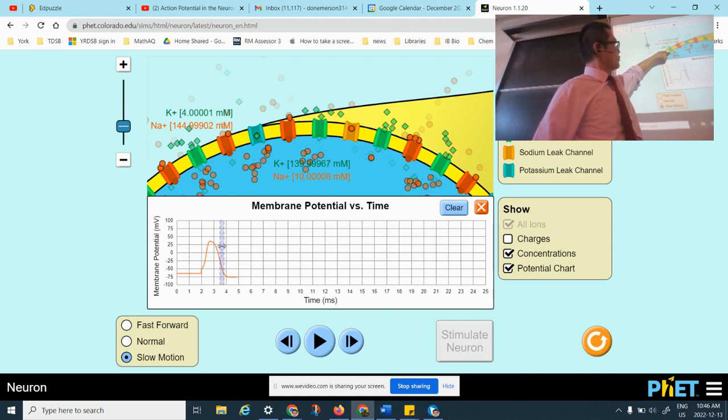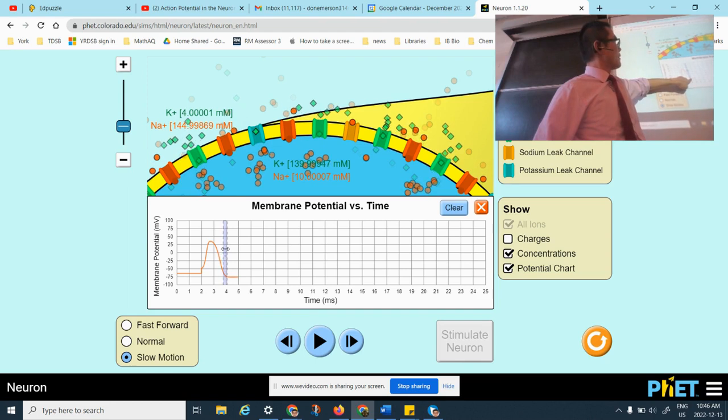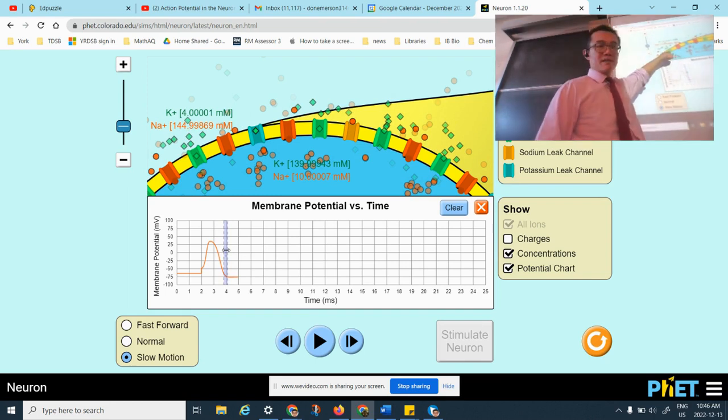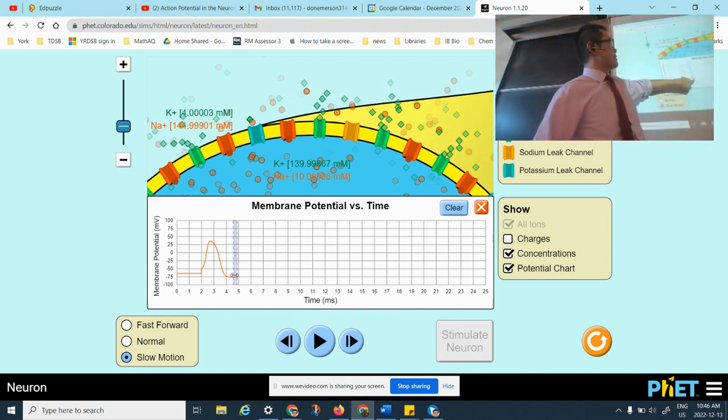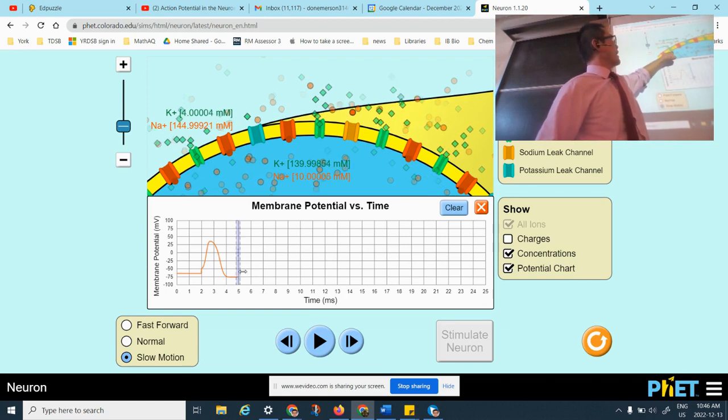It's still maintained open, and by that time it's pretty low already. It goes below that during the hyperpolarization, and it's still open. So there's a delay. It's not until about this point, where it's hyperpolarized, that this sodium gated channel is closed. Do you guys see that?